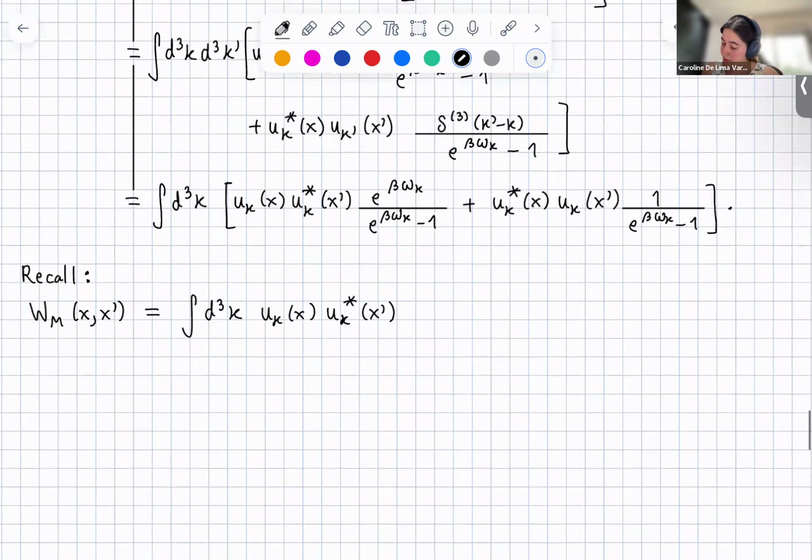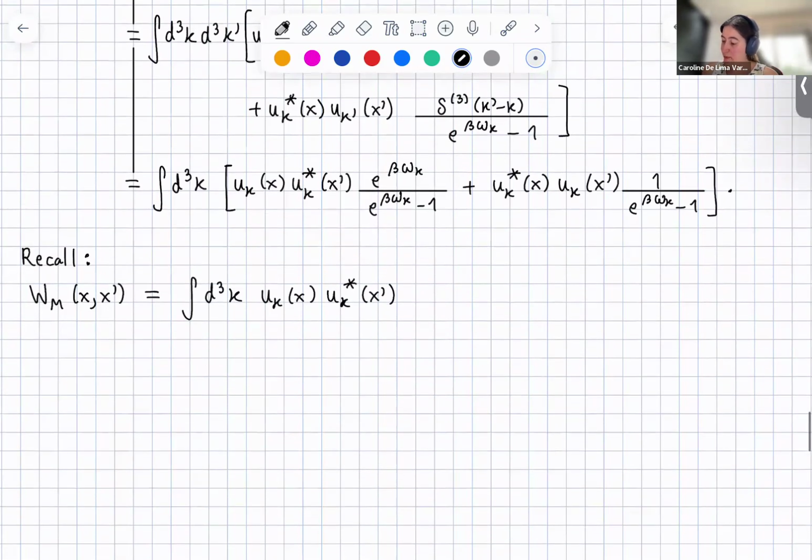So what happens here is that if I manipulate this expression that I have here, I can pull out a Wightman function. So I will write that this is equal to star, and the star is going to be equal to the Wightman part.